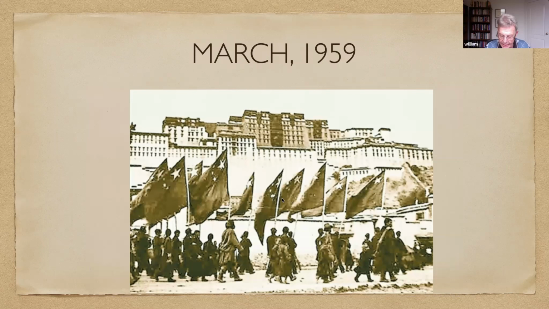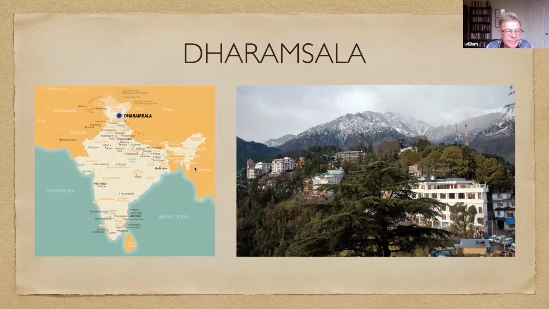At this point, the Dalai Lama decides to leave. And the story is he, in disguise, leaves at night with some of his close followers, and his destination is northern India, the city of Dharamsala.